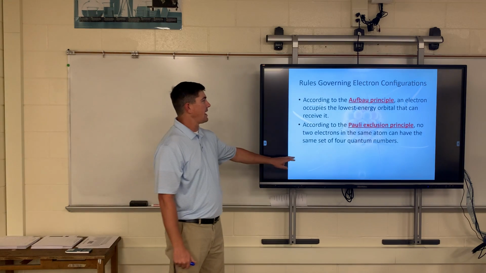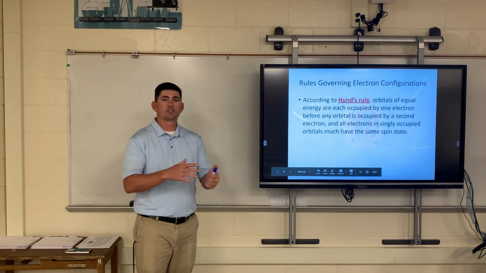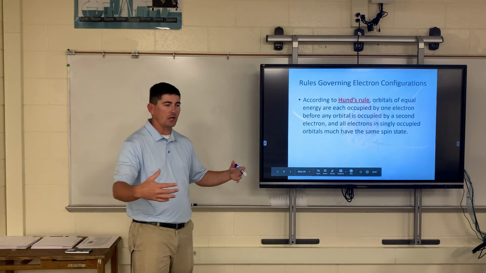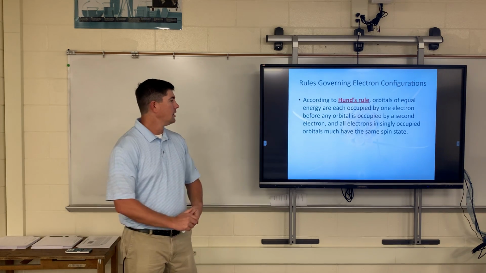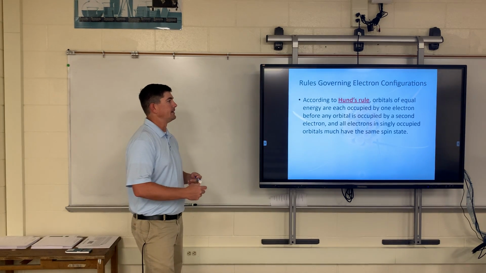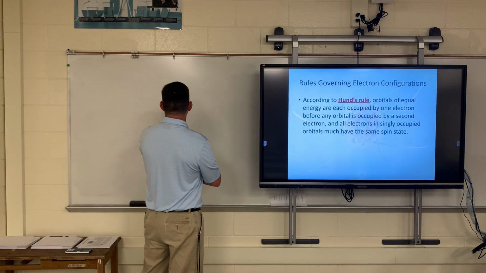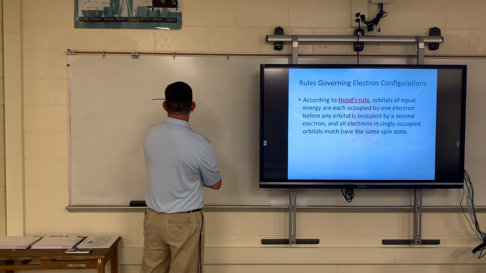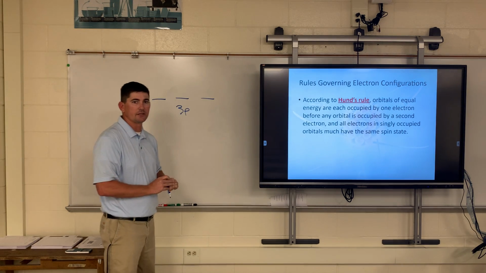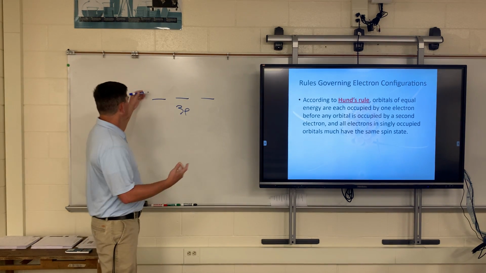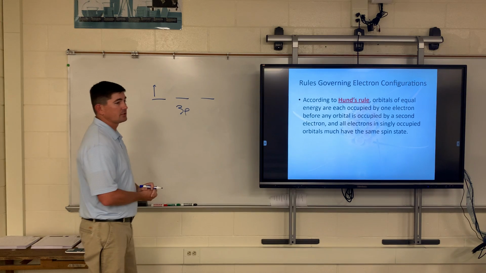And then the last one is Hund's rule. Hund's rule says that everybody gets a room to themselves, because it's less energy that way. Each gets its own orbital. For instance, the 3p orbitals come in a set of 3. If you only have one electron, then the one electron just goes here.